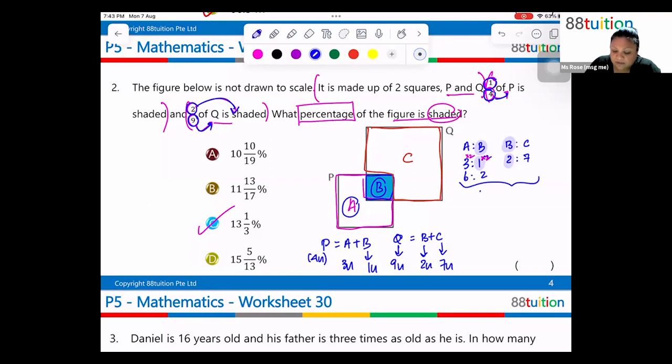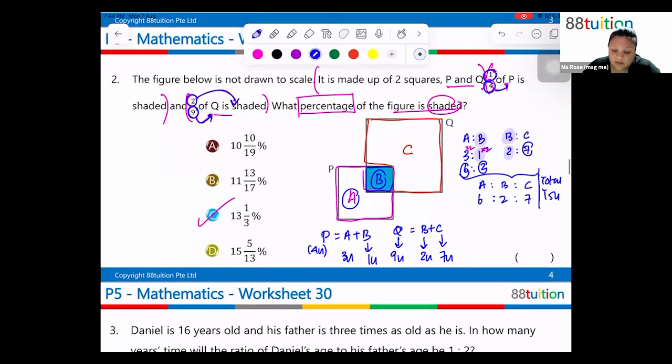So to summarize, A, B, and C in terms of parts: A is 6, B is 2, and C is 7. So the total here is 15 units. Now, the question says, what fraction of the figure? The total figure is made up of 15, shaded is 2, times 100% to give me 13 and 1/3%.